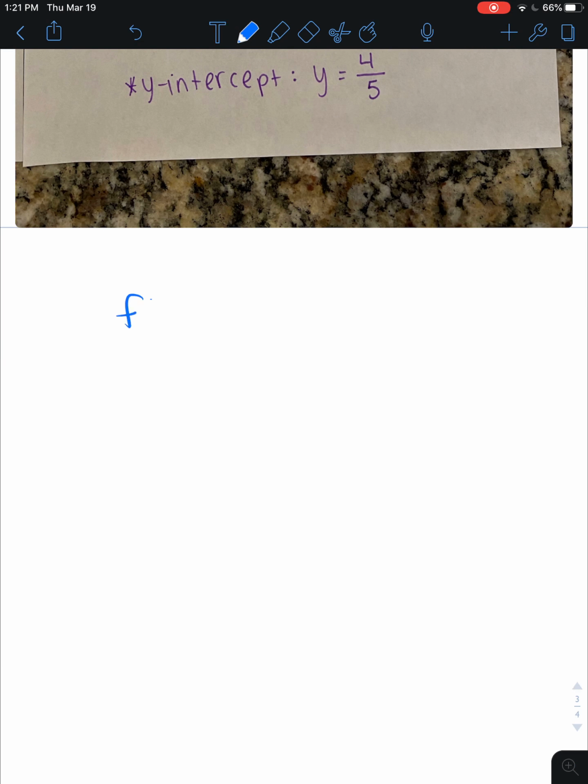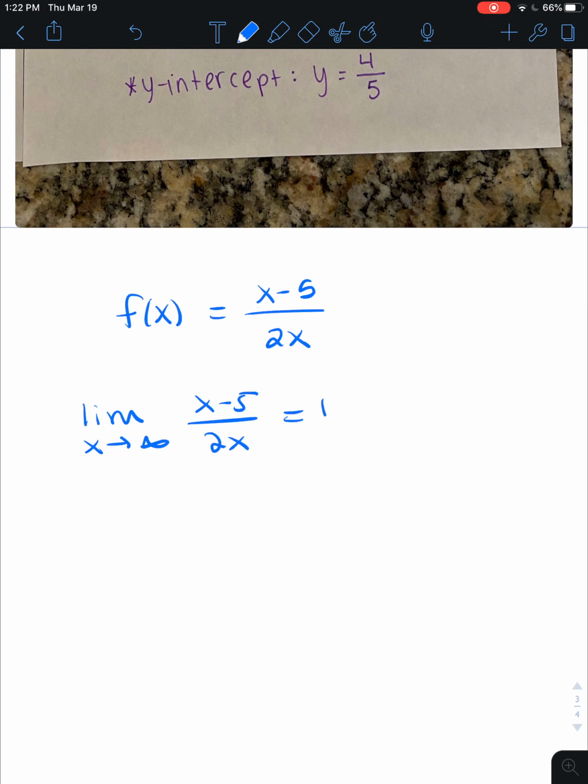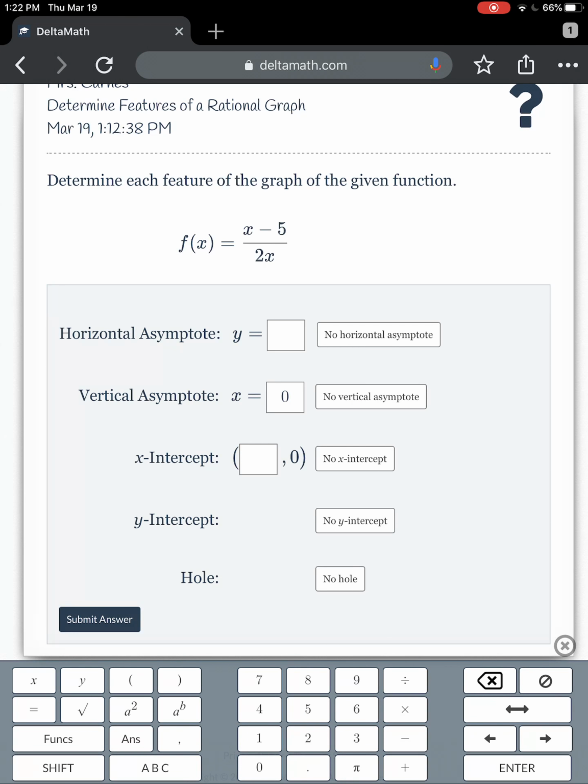Okay, so if we have this as our function, x minus 5 over 2x, I'm thinking about, okay, if I took the limit as x approaches infinity of this function, I would be just looking at the highest power term in the top and the highest power term in the denominator, which really is just going to be 1 over 2, since the x's would simplify to just be the coefficient. So this y equals 1/2 is going to be my horizontal asymptote. I'll just put 0.5.